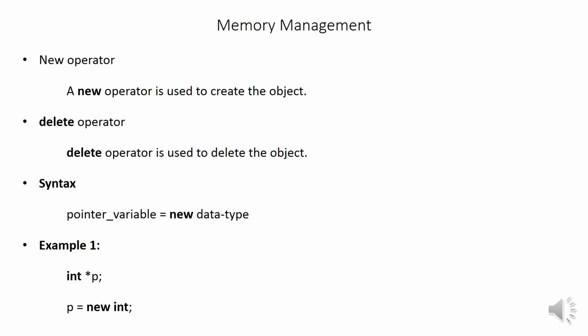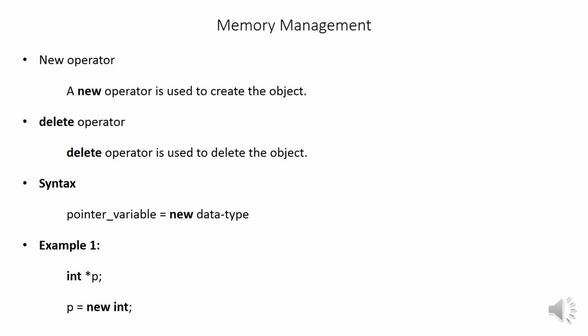And the next operator is the delete operator. After the use of the p variable, we have to free that memory for the next purpose. So we have to delete by using the delete operator.